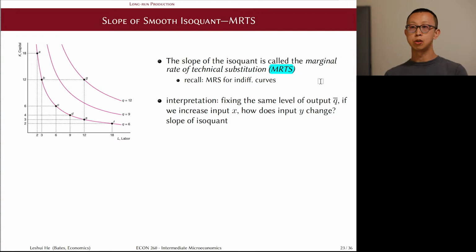The word technical is here to differentiate it from the familiar notion of marginal rate of substitution for indifference curves. The interpretation of the MRTS is the amount of input on the y-axis that we can replace with one additional unit of input on the x-axis, given that we have to produce exactly the same amount of output.